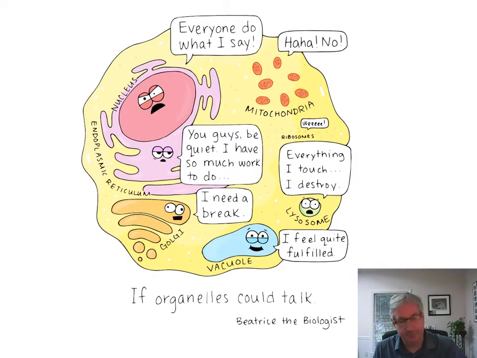Next slide. So this is a little cartoon of the organelles talking to each other. The nucleus thinks that everybody has to do what he says. The mitochondria are like, no, we don't have to, because mitochondria are actually kind of interesting, they have their own DNA. Mitochondria are thought to be basically bacteria that were engulfed by early cells way back when, and they survived inside cells.